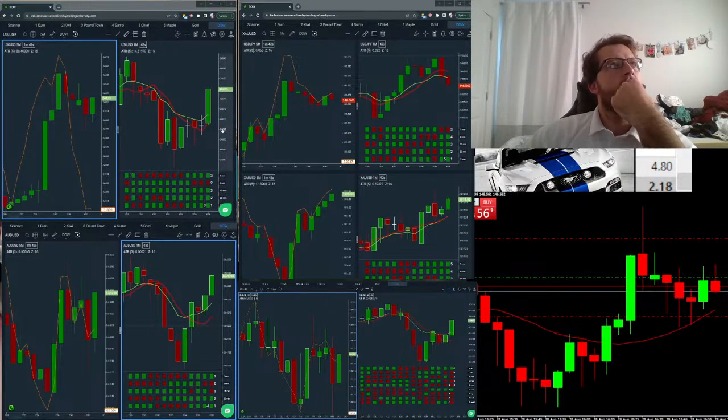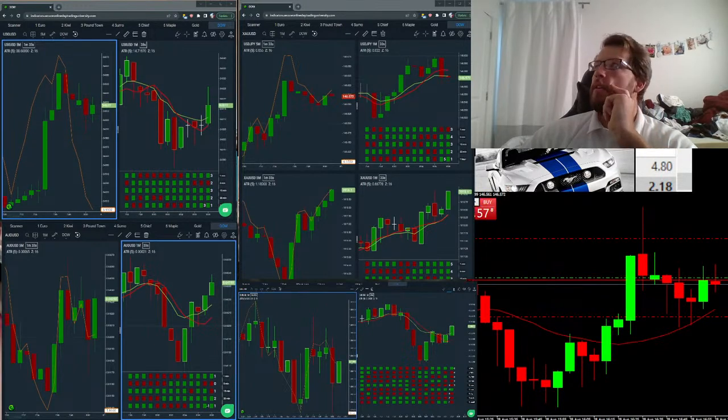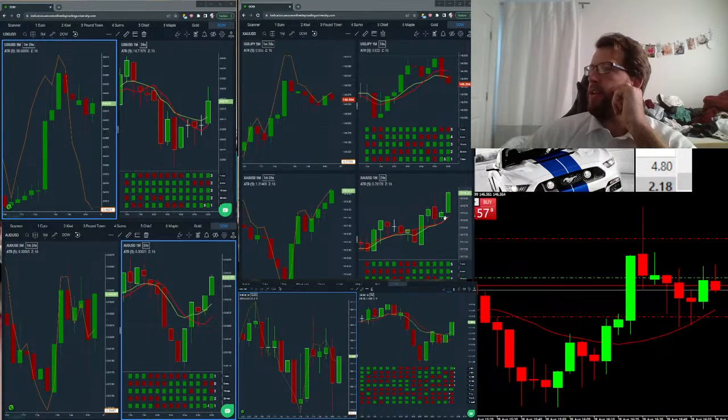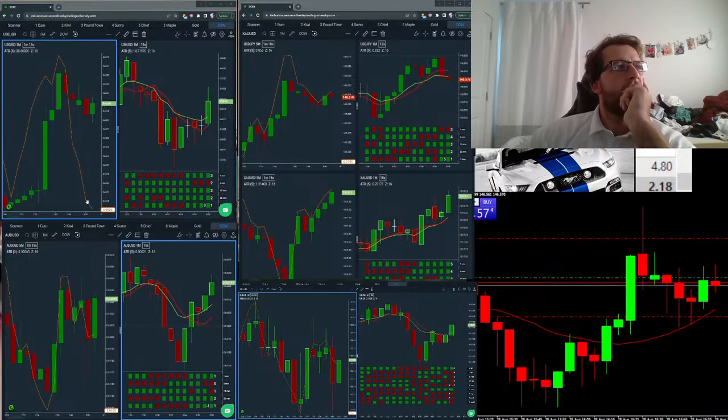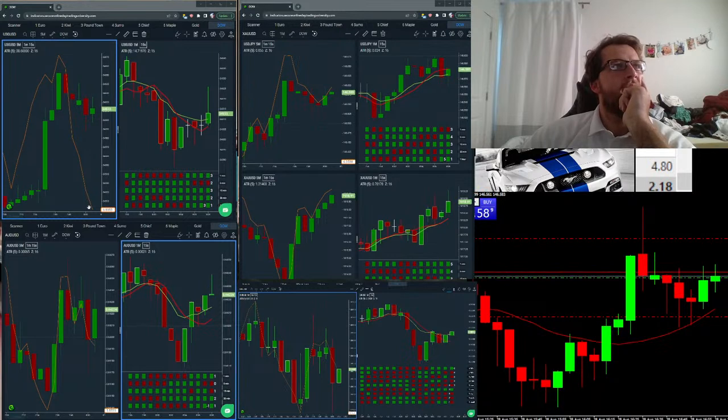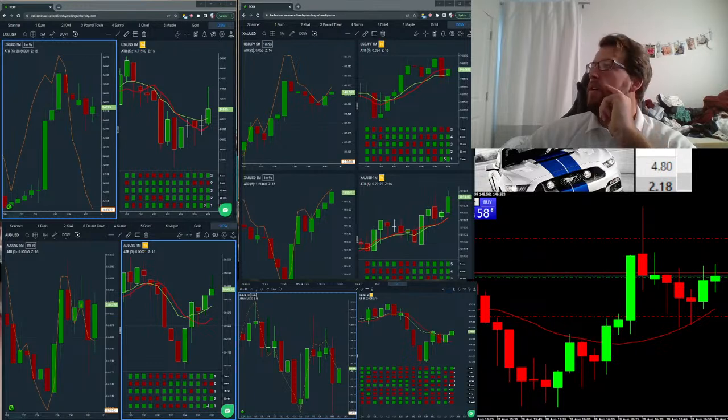Maybe. Better get that ready to go. Gold, if this pressure line touches this bar at the post, that would be a buy. As long as this is pointing up at the post on the Dow, that's a buy. Doesn't look like it will on either. Okay, so no and no.